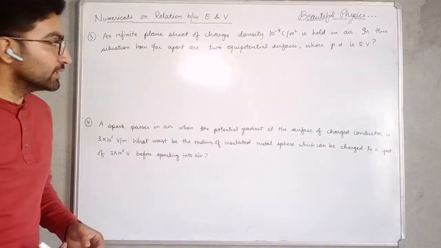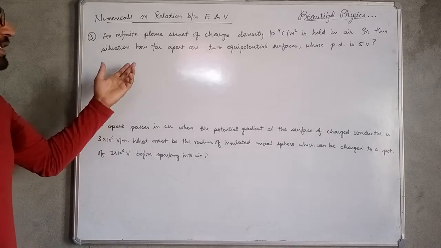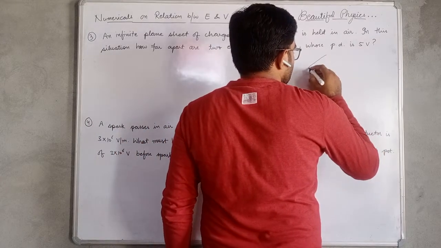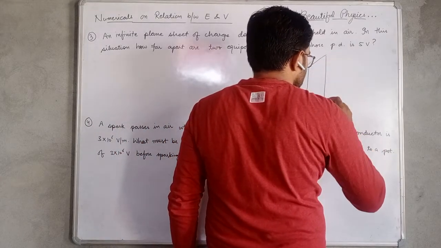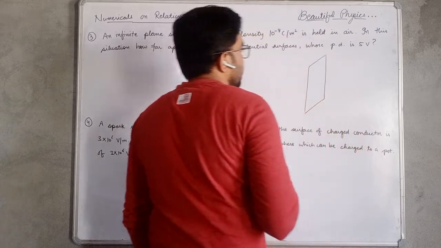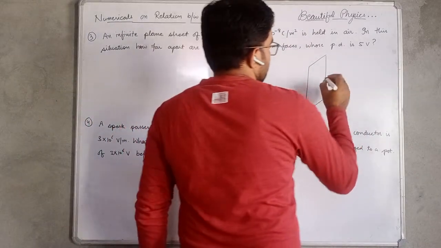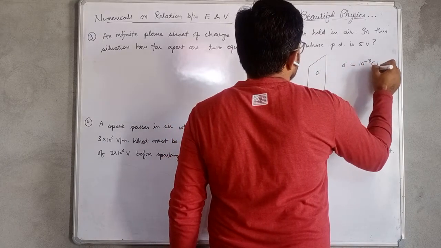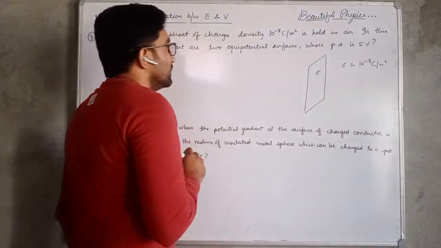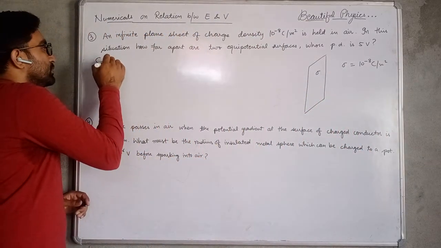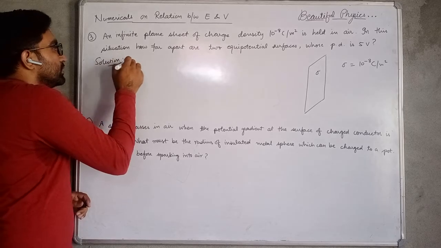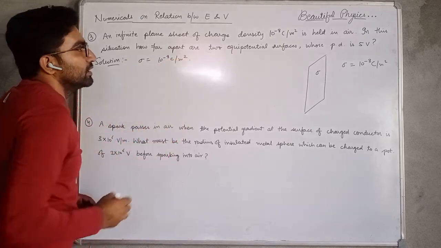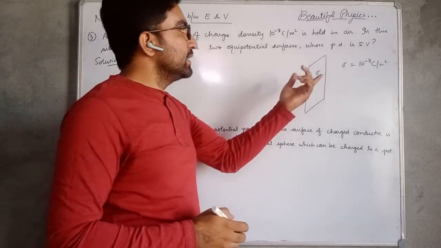Let's take some more examples. The next one is an infinite plane sheet of charge density. Suppose this is an infinite plane sheet of charge density sigma, and here sigma is given as 10 raised to power minus 8 coulomb per meter square, held in air.